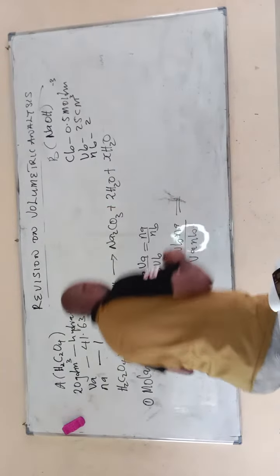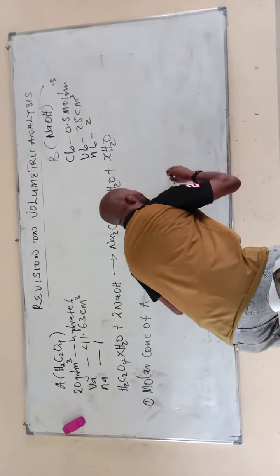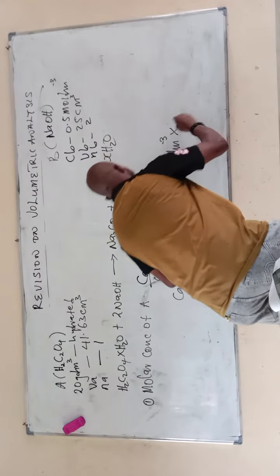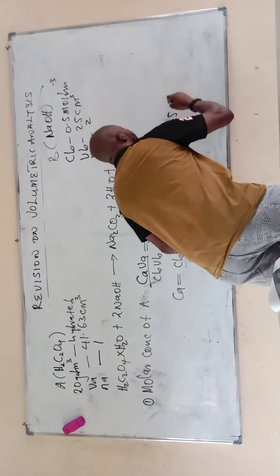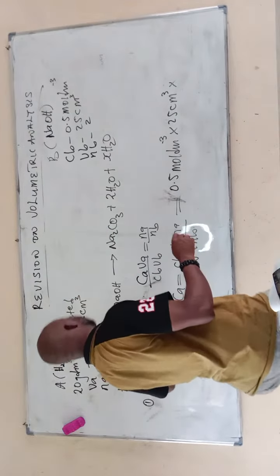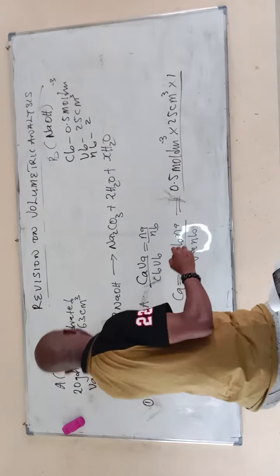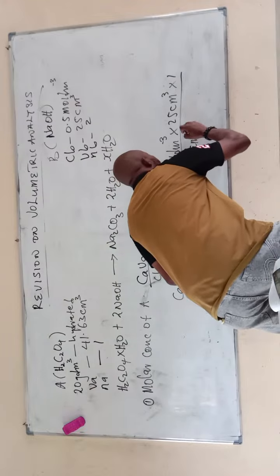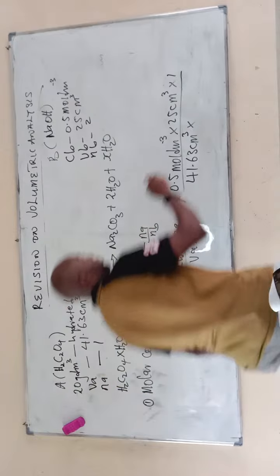If this is true, we move on to say the concentration of the base is 0.5 mole per dm cube, times the volume of the base is 25 cm cube. Number of moles of the acid is 1. Volume of the acid is 41.63 cm cube, times the number of moles of the base is 2.